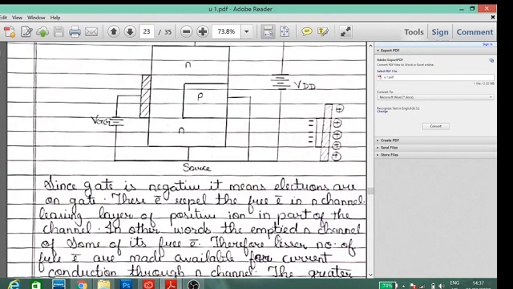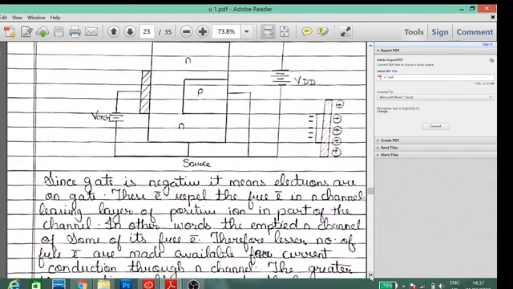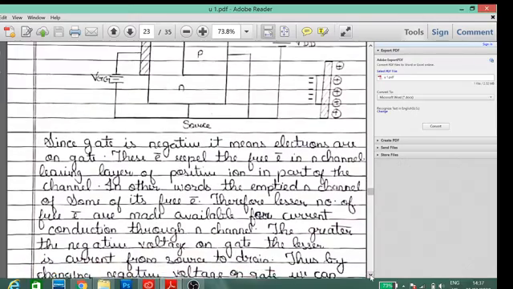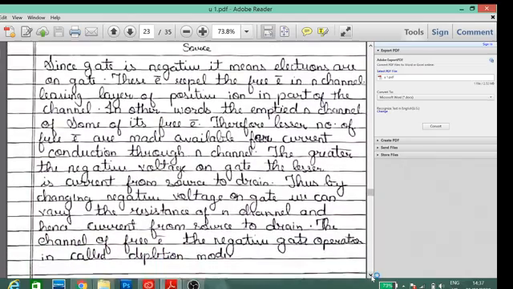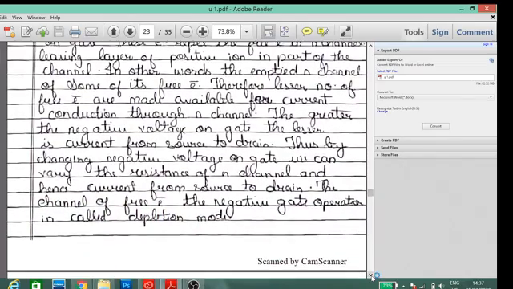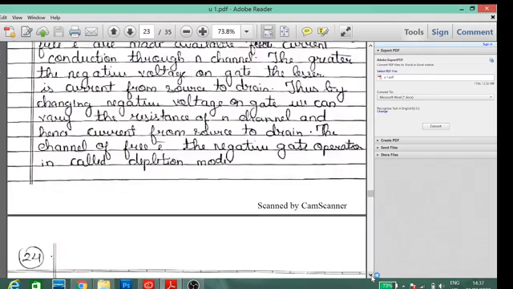In other words, the N channel is emptied of some of its free electrons, therefore fewer electrons are available to flow for the current between the channel. The greater the negative voltage on the gate, the lesser the current flow from source to drain. Thus, by changing the negative voltage on the gate, we can vary the resistance of the channel. This is called the depletion mode of the MOSFET.